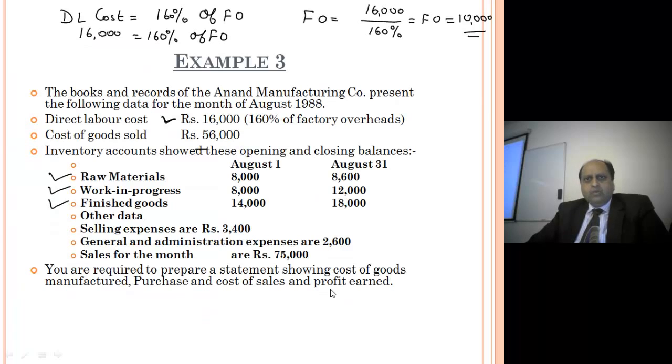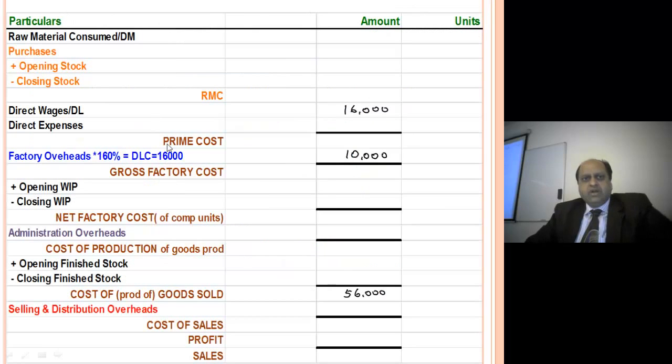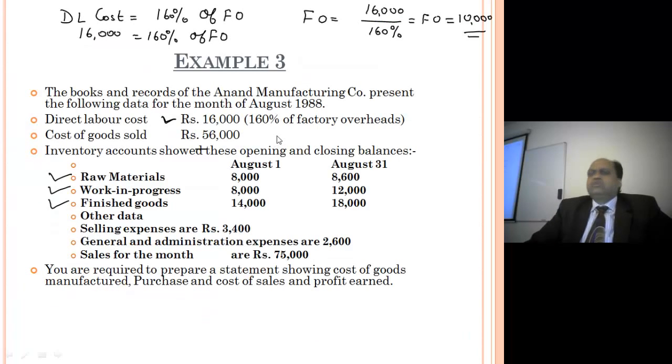Now, we have been provided with all the three stocks. Let us put these figures. So raw material opening is 8,000, closing is 8,600. Now, opening in the inner column I am writing 8,000 and closing is 8,600. This part is clear. Now look at the next type of stock. It is work in progress and the amount is 8,000 and 12,000.